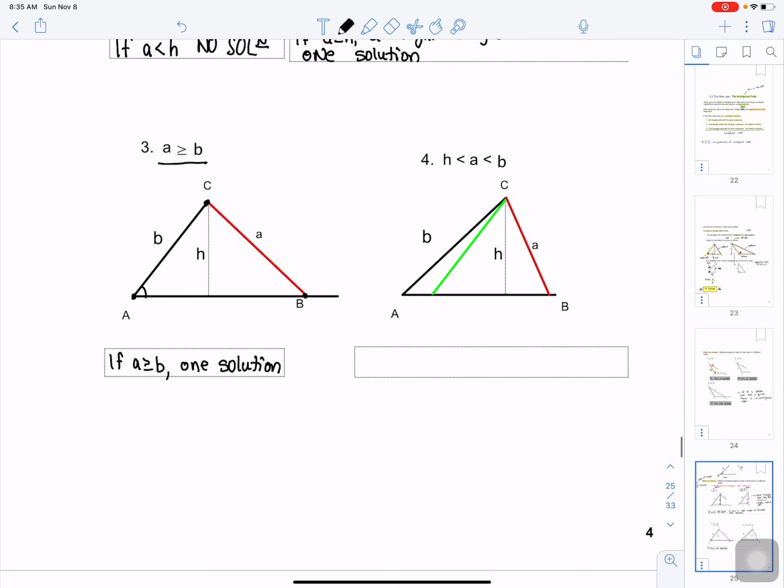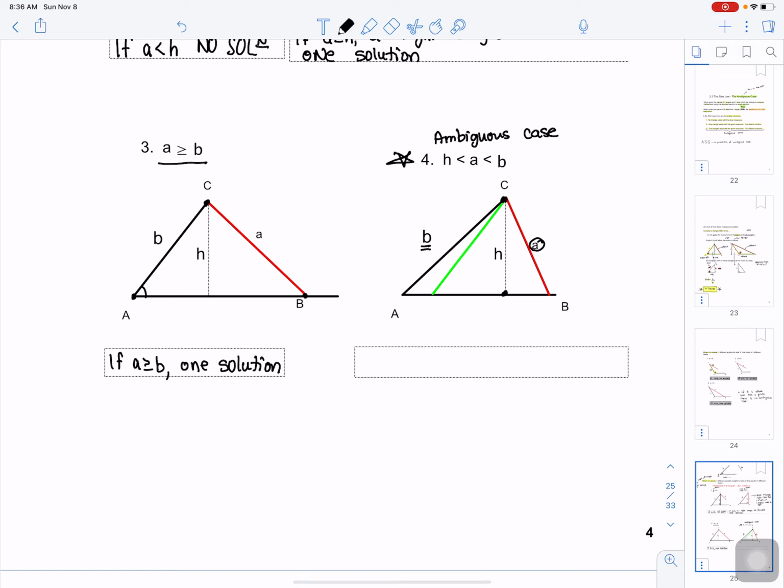Okay, now this is the one that's forming the ambiguous case. If I calculate this height and this side A is bigger than this height but smaller than this side, then this side A can swing into two positions.